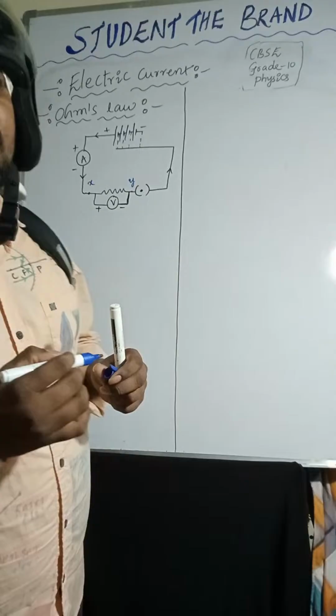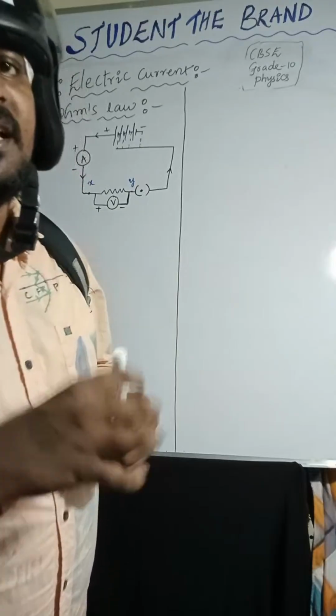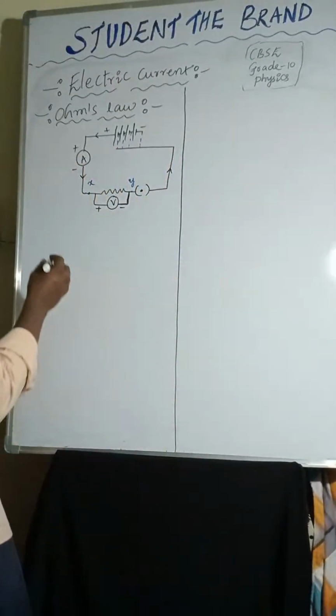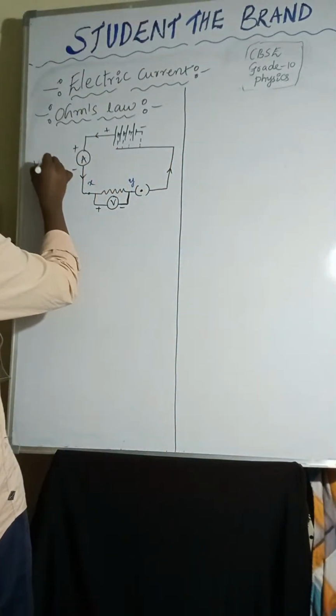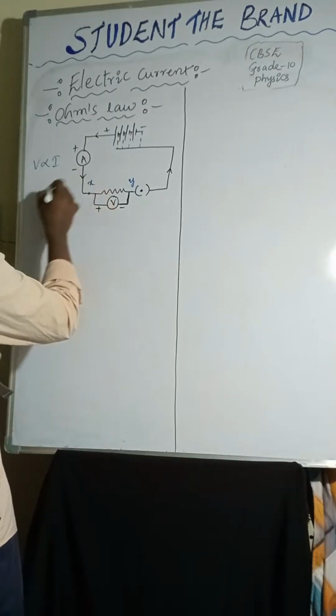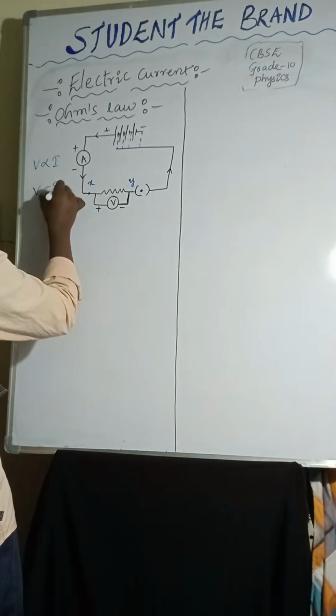V is directly proportional to I, V equals IR.